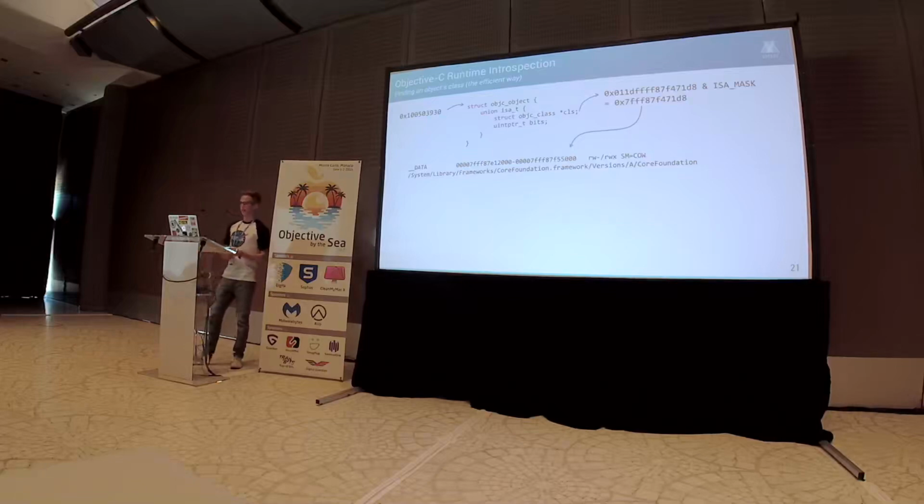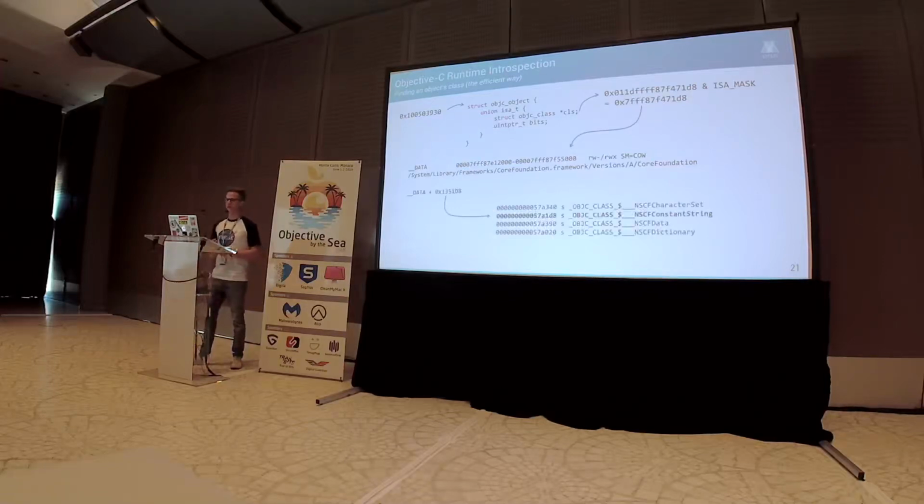And if we look at the symbol table of this binary, we will see that this offset actually points to a symbol, _OBJC_CLASS_$_NSCFConstantString. So this is really nice. Just by following this pointer and looking at the symbol table, we can determine really quickly that this is an NSCFConstantString.